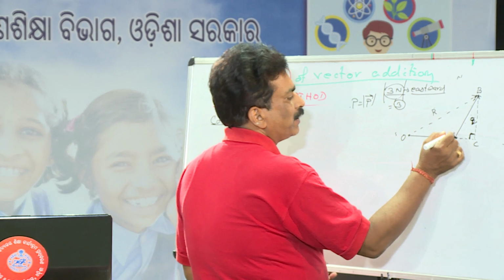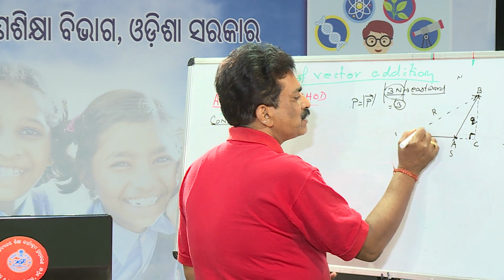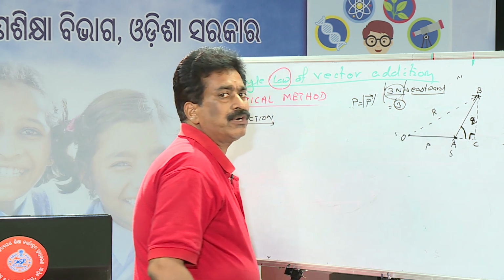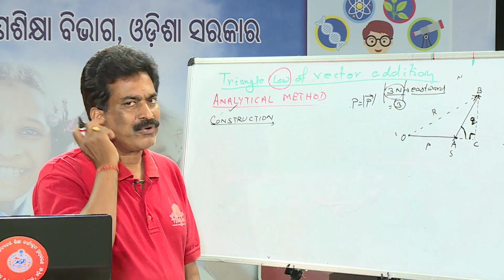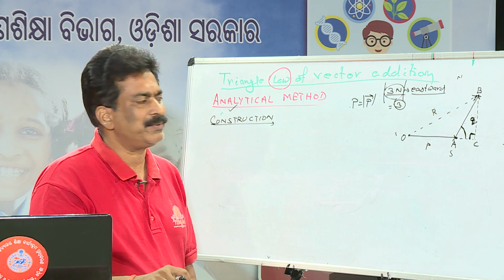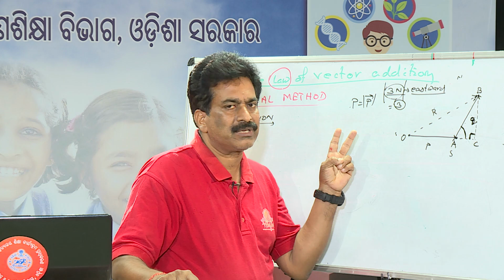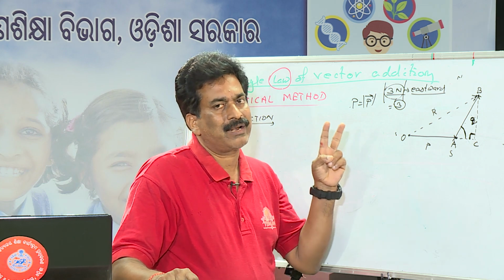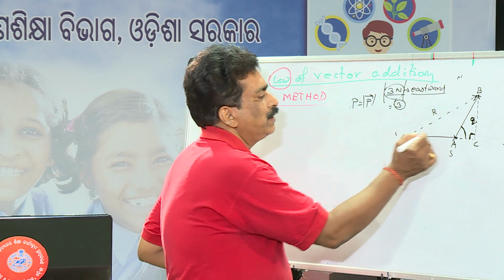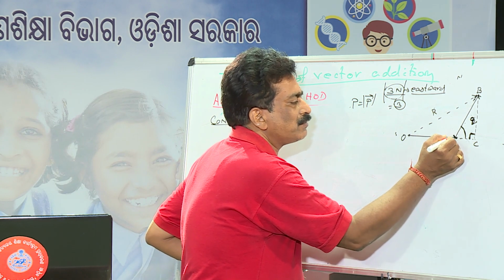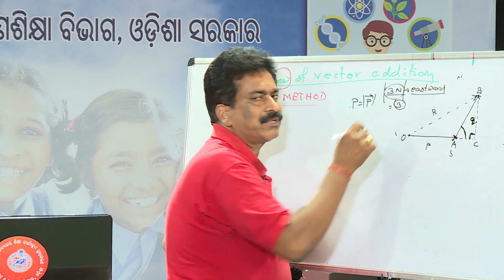This is the p vector, this is the q vector and this is the resultant, and this is the angle between the two vectors. As I said, to calculate the angle between two vectors there are two ways, tail to tail or head to head. You see, this is not tail to tail because this is the head of the first one and this is the tail of the second one.